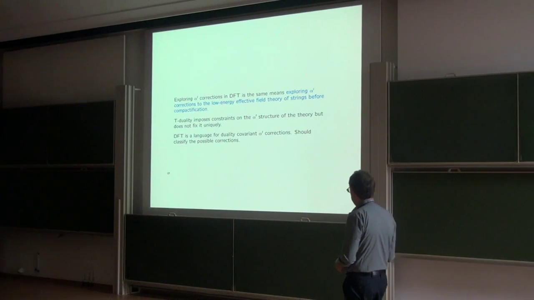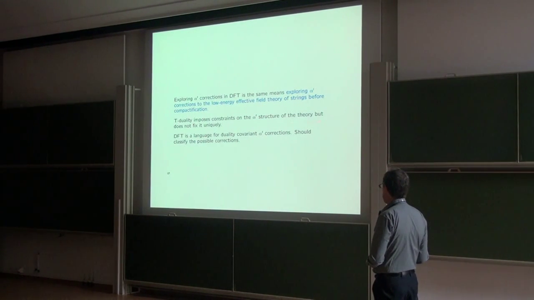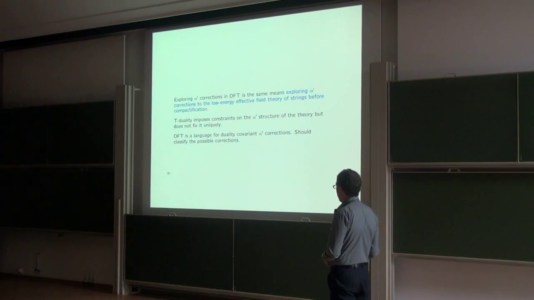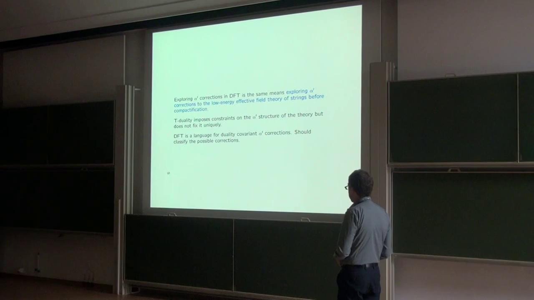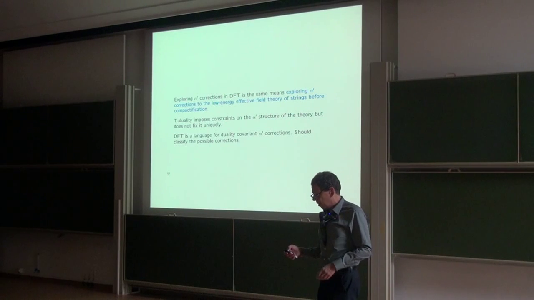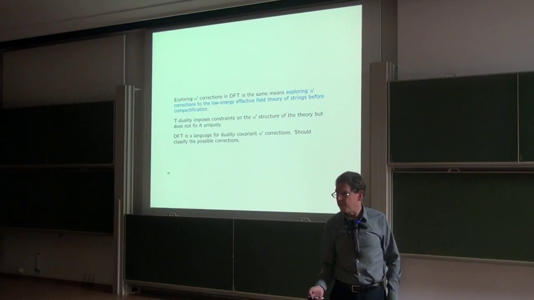And T-duality imposes some constraints on the alpha prime structure of the theory, and we don't know very well to what degree this constraint is powerful or not that powerful. There's some evidence that it's a very powerful constraint, however. So, as I said, DFT is a language for duality covariant alpha prime corrections, and in principle should help us do this.